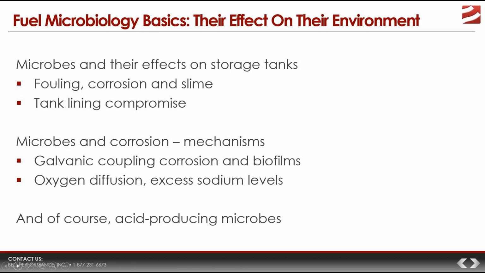Not only do these lightweight acids volatilize and go up into the vapor space and cause vapor space corrosion, but they also provide nutrients for other kinds of microbes like sulfate-reducing bacteria. There are still other bacterial species that themselves produce aggressive inorganic acids like sulfuric, and as we know, anytime you have sulfuric, you're going to have corrosion.